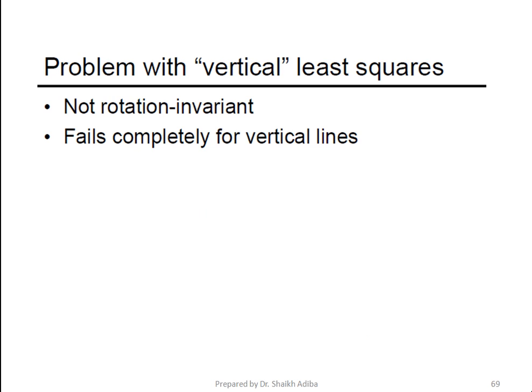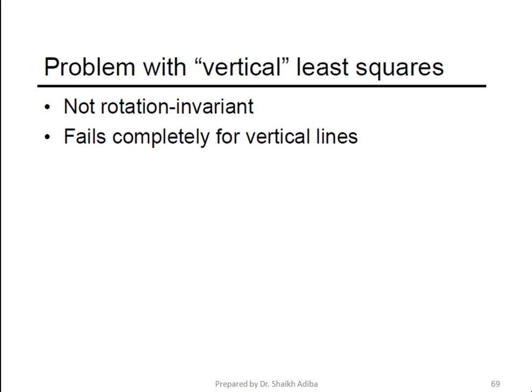Now we have some problem with this least square, as the least square method fails completely for fitting vertical lines. For fitting vertical lines, this method gives you false or error-prone values.